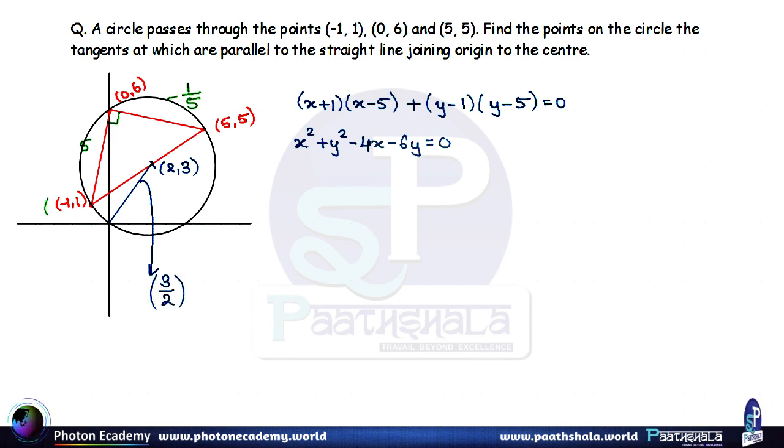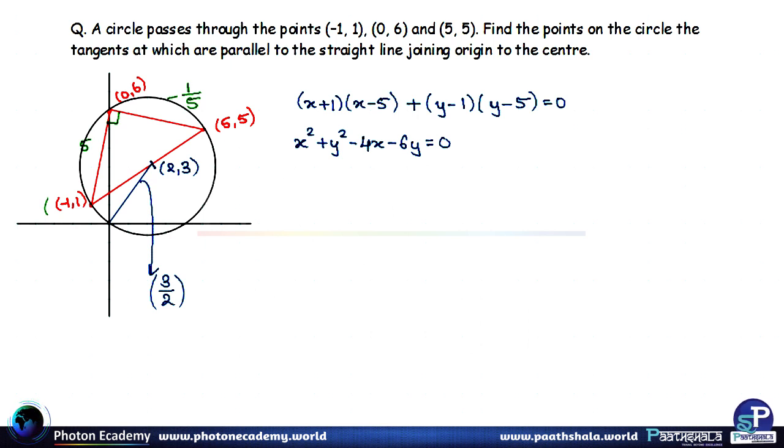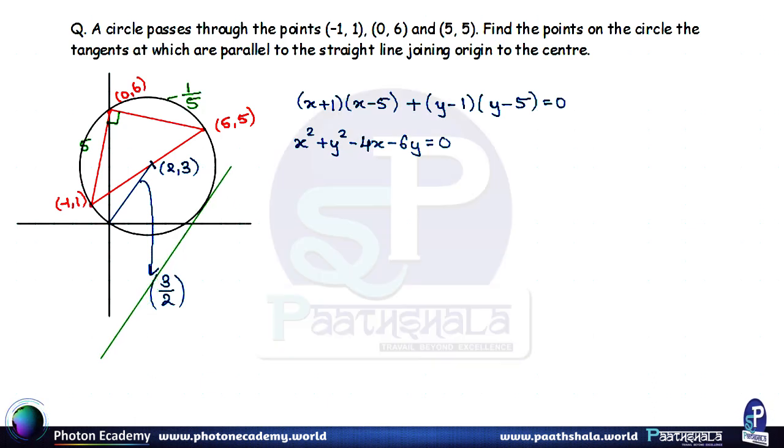Now what we have to do is find out the points such that the tangent to the circle is parallel to this line.